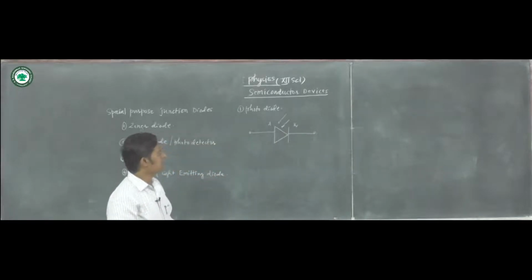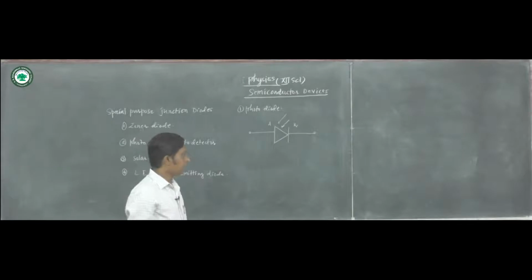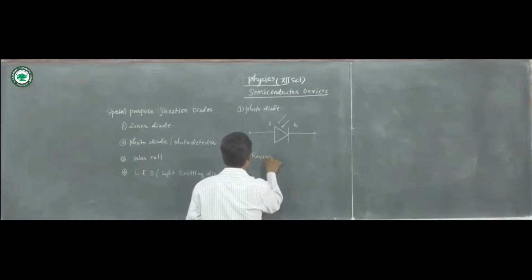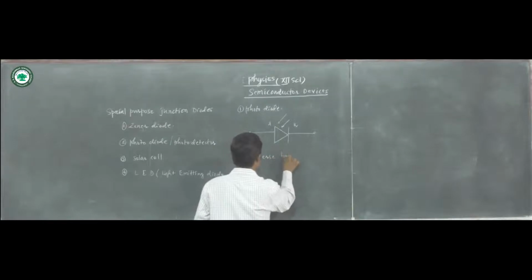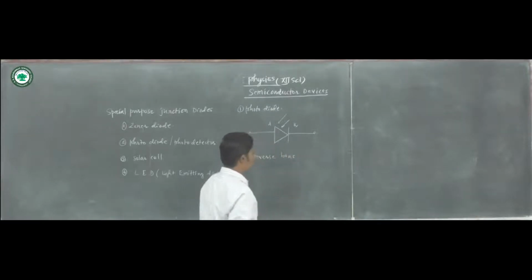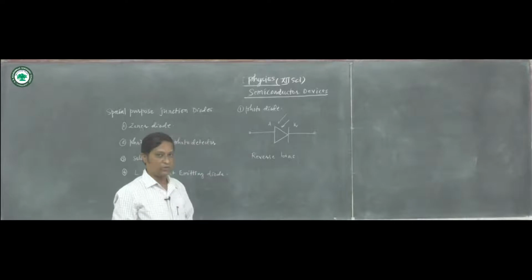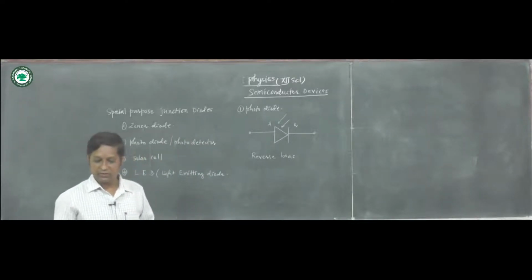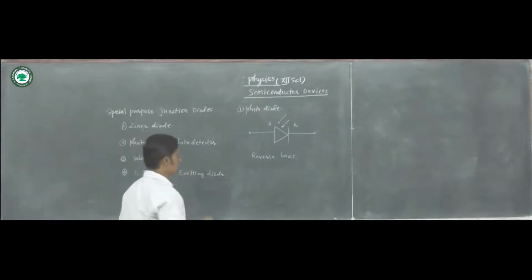These diodes work in reverse bias. Reverse bias is applied to the photodiode, and the conduction of current, we get the current because of the minority charges.